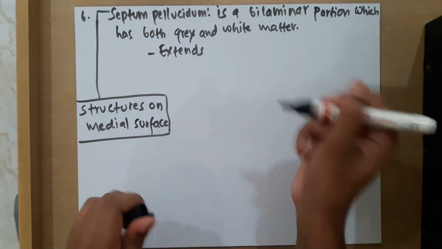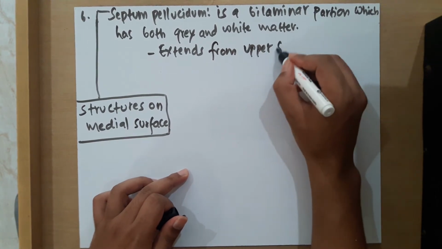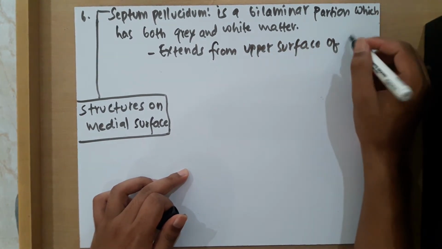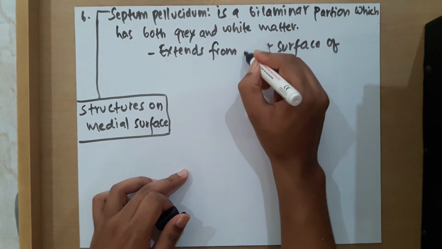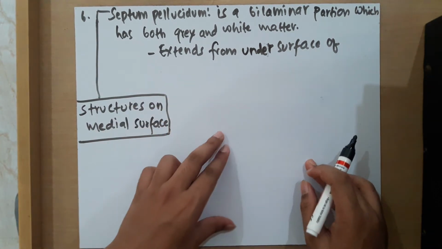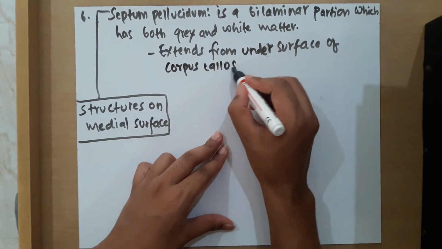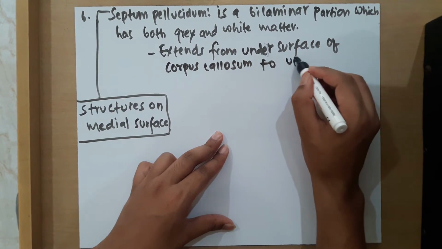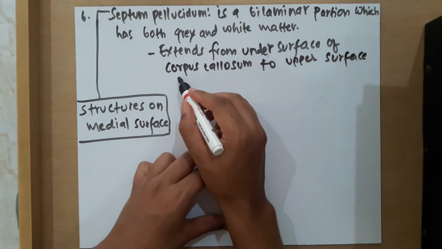So the same thing over here: it extends from the under surface of corpus callosum to the upper surface of body of fornix. Okay.